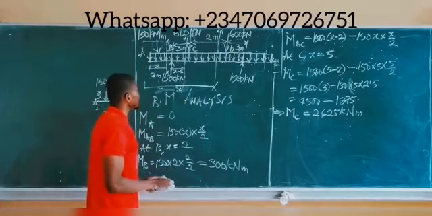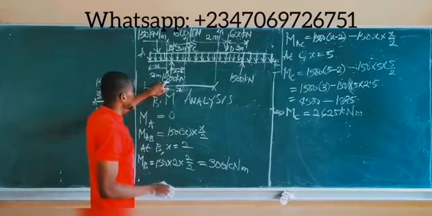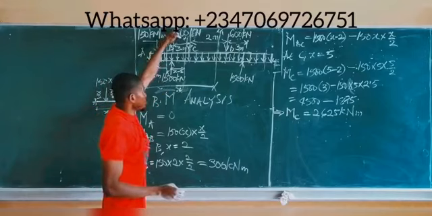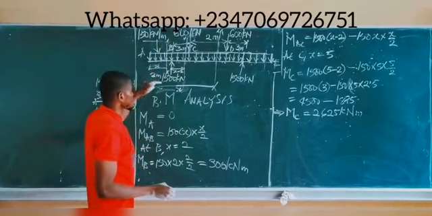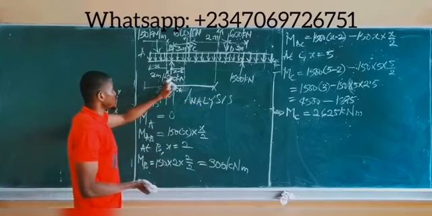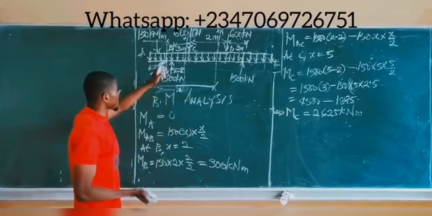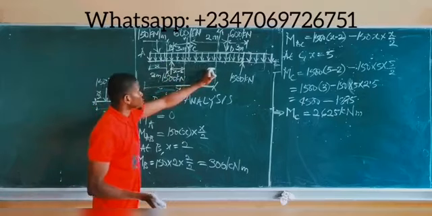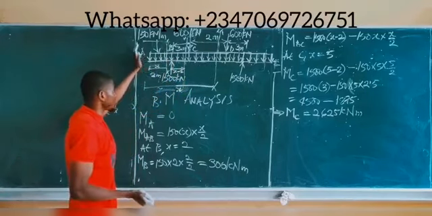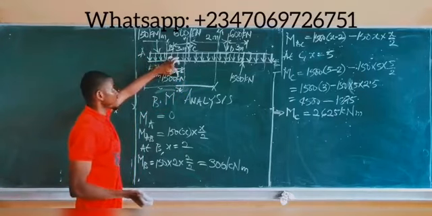Because of these two loads, the 1,500 kilonewton load and the 600 kilonewton load on top of this beam, we need to find the distance of each load from the point of section. For the 1,500 kilonewton load, we want the distance from point B to the point of section, so we don't leave behind the 2 meters. Take away 2 meters from x, so the distance is x minus 2.